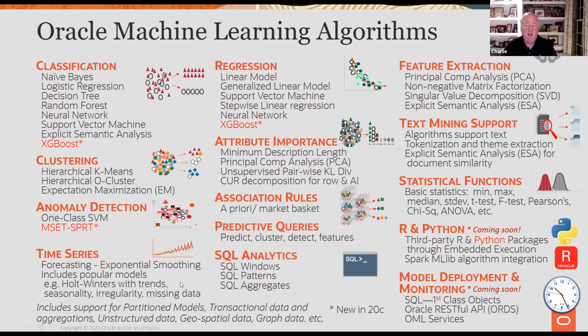If you want to build a partitioned model, like who are you likely to vote for, this candidate or that candidate, and you want to group it by region or territory and say gender, bang, it's just a natural feature of the database. If you want to include geospatial data, graph data like relationships data, all of that is fair game. The database does all those things, and our algorithms can ingest all that data.